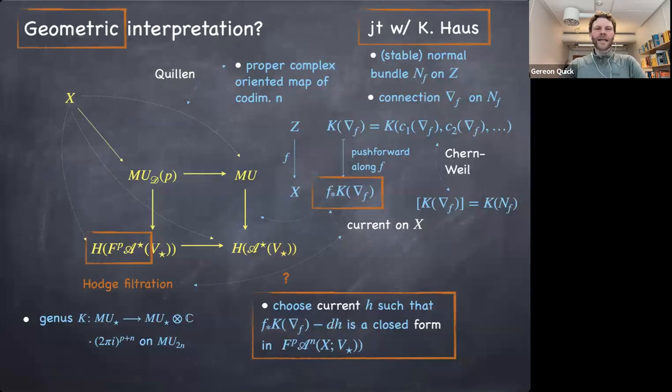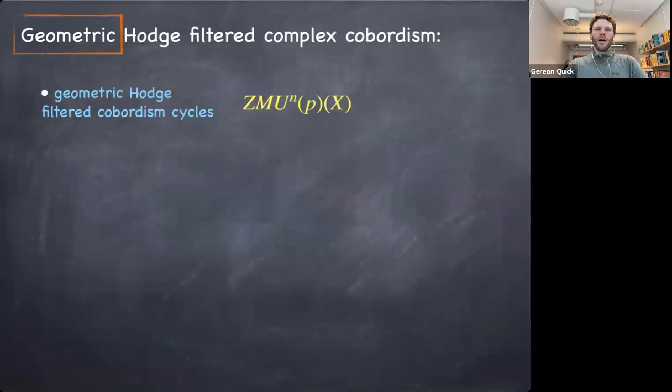Now, I apologize, there are a lot of objects flying around on this board. So let's recapitulate what data we have chosen in order to explain our map, because now we have all the ingredients for the geometric interpretation. We would like to define geometric Hodge filtered cobordism cycles, just in the usual way that complex cobordism is represented by proper oriented maps over manifolds.